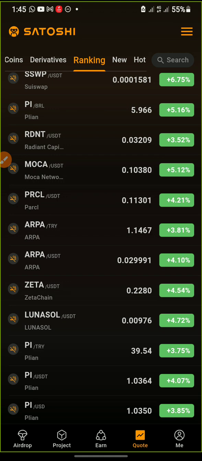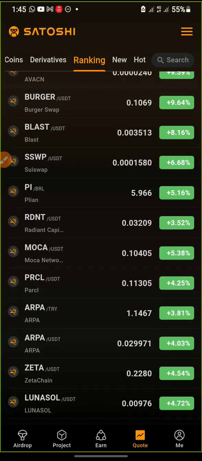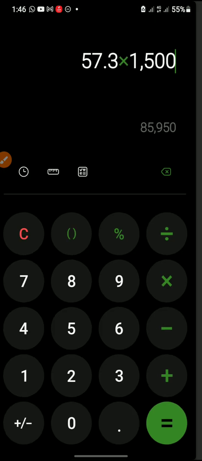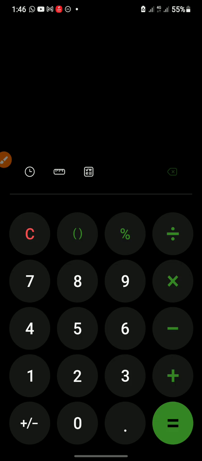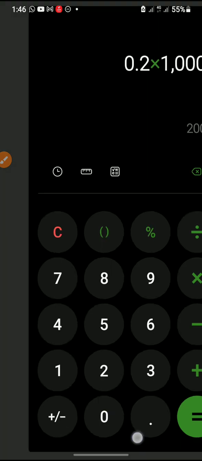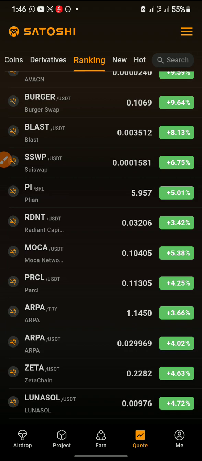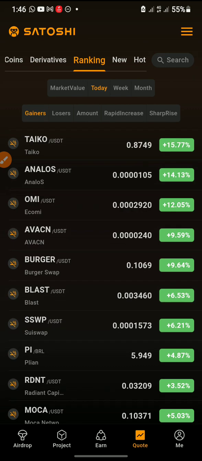So even if it's 2 cents, 0.2 times 1,000, you have made $200. Comfortable without stress. If it's 3 cents, you have made $300 if you have 1,000 Pi. Comfortable without stress.